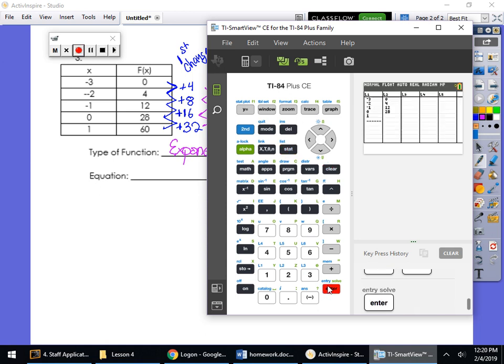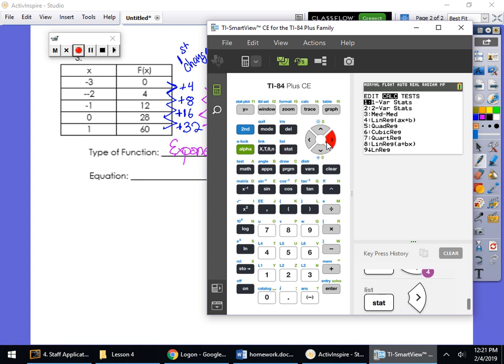What did we mess up? Negative 3, negative 2, negative 1, 0, 1, 2, 0, 4, 12, 28, and 60. Why did we get this error? Good question.